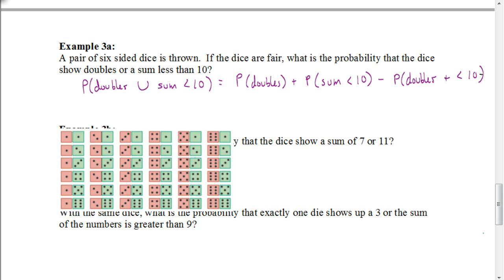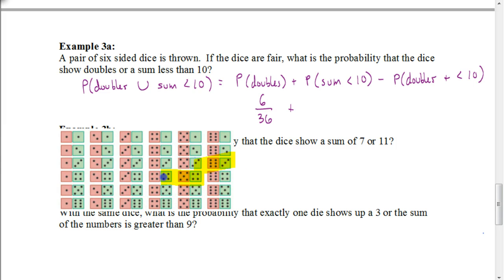Looking at this situation, for doubles, there's a total of 6 out of 36 that we would get doubles. Plus, we want to look at all the possibilities of getting a sum less than 10. A sum of 10 would be the 6 and the 4, the 5 and the 5.